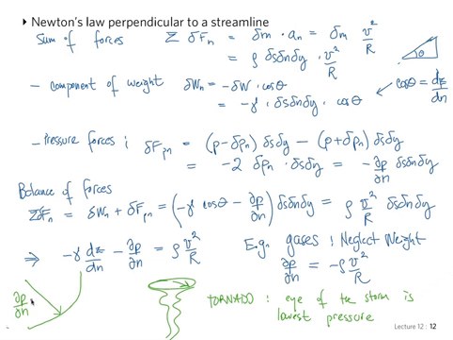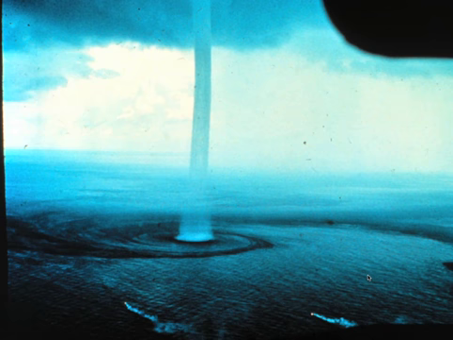So basically dP dn you see here is balancing this pressure gradient in the normal direction, balances the acceleration due to the fact that the streamlines are curved, due to the fact that there's a radius of curvature here in the normal direction. And this is some way to explain the pressure forces that we see in this type of situation.